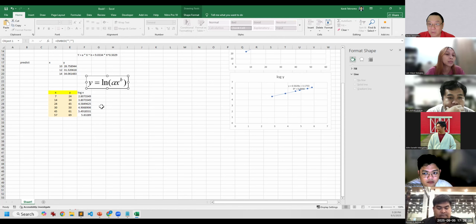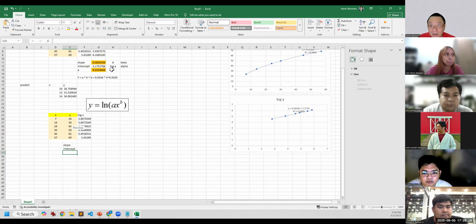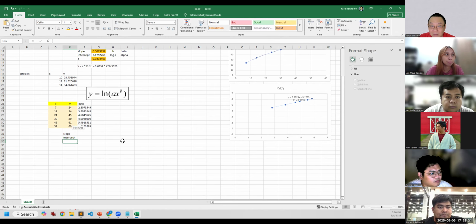So what happens if we use this model? How are we going to get the slope and intercept? Anyone knows? We still compute the slope and intercept, but what's the difference from the power model above?